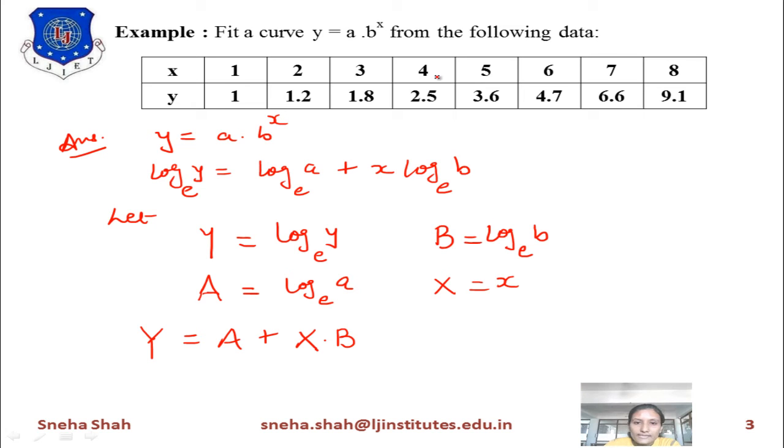It means it is the equation of a line. So we will solve the same example by using the line, and then at last we will convert it into logarithmic form. In the curve fitting of a line, what is the rule? The first rule is we multiply this equation by 1 and then take the summation.